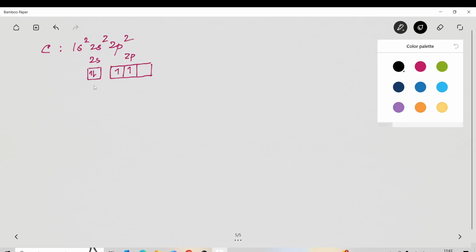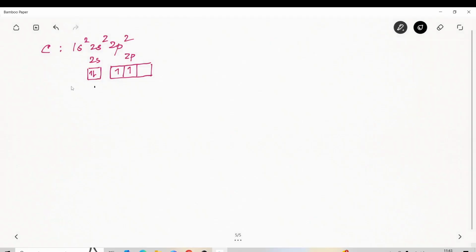In general, we are interested mainly in the outer orbital configuration. Here, the values of m: for the s orbital, L equals 0, m equals 0. For p orbitals, the value of L is equal to 1, and m can have the values minus 1, 0, plus 1.